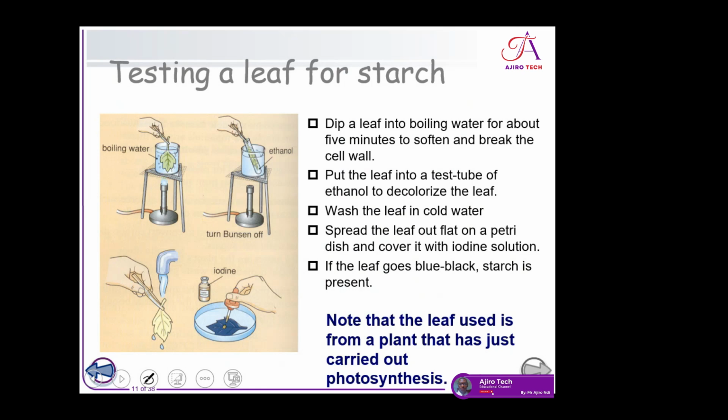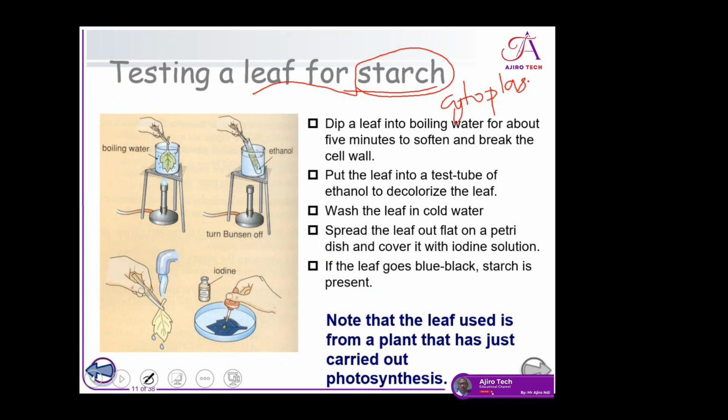What we want to actually look at is different ways in which we can show that photosynthesis actually happens in plants. But first, we should be able to tell how to test for the presence of starch in a leaf. We can tell that a plant has carried out photosynthesis when we see that there are starch deposits in the cytoplasm of the plant or in the chlorophyll of the plant.